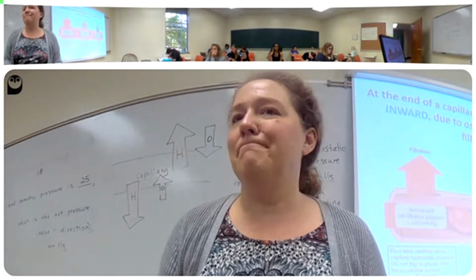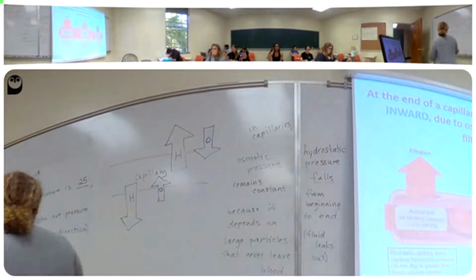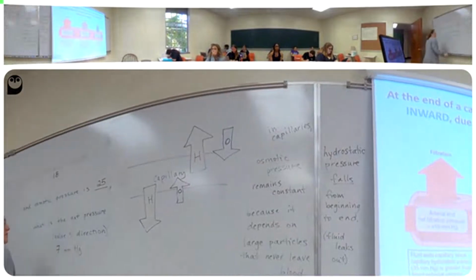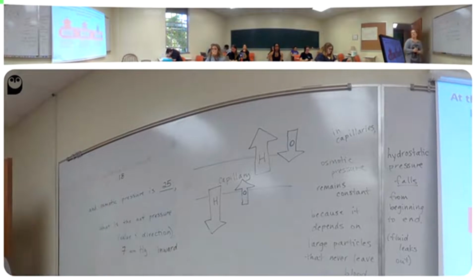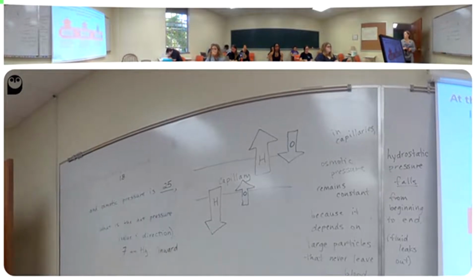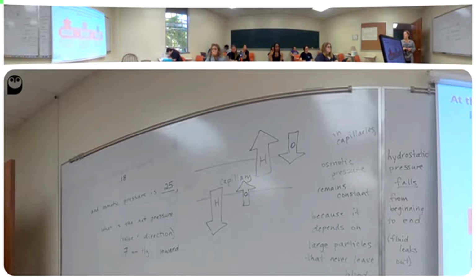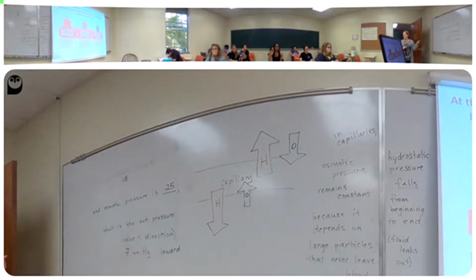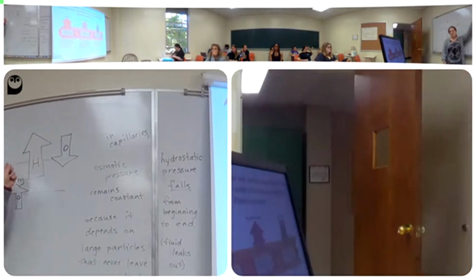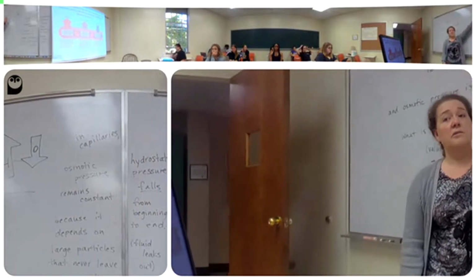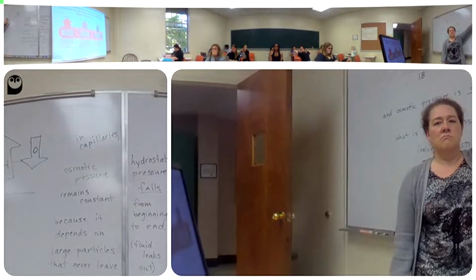7 inward. Yeah, so it'd be 7 millimeters of mercury, and it would be in the inward direction. How do you know it's the inward direction? The osmotic was the bigger pressure, and osmotic is always directed inward. So the overall movement of fluid is going to be inward.